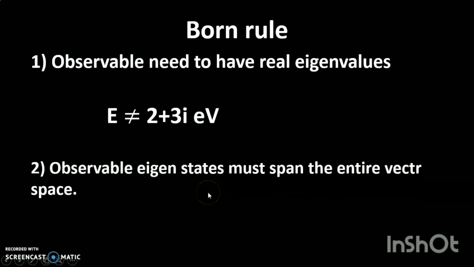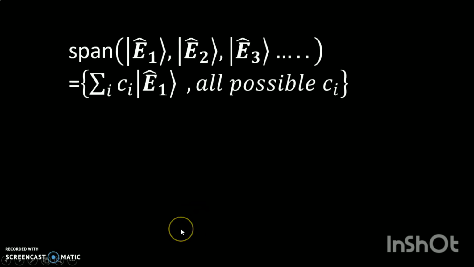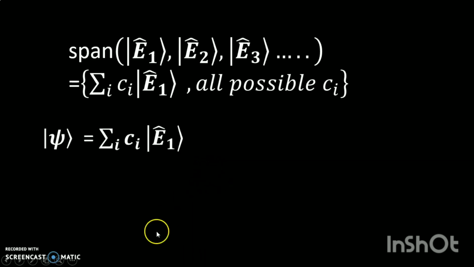Number 2. Observable eigenstates must span the entire vector space. So span of E1, E2 is equal to this form we can write. Remember that the span of a set of vectors is the subspace formed by the possible linear combinations of these vectors.